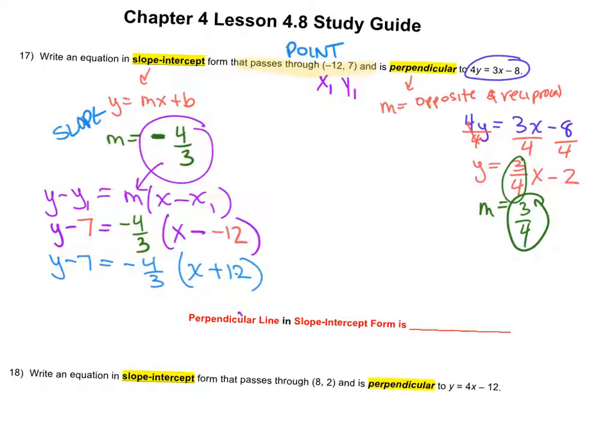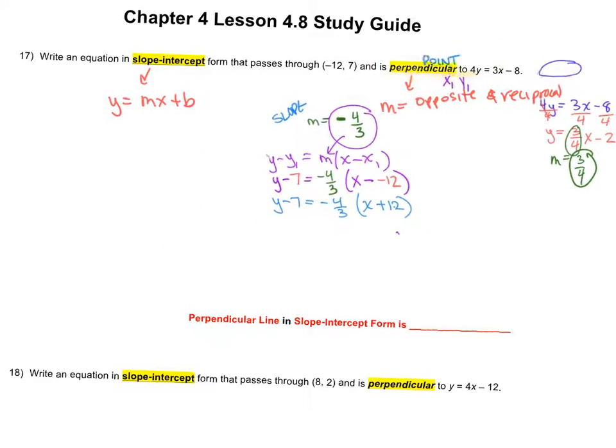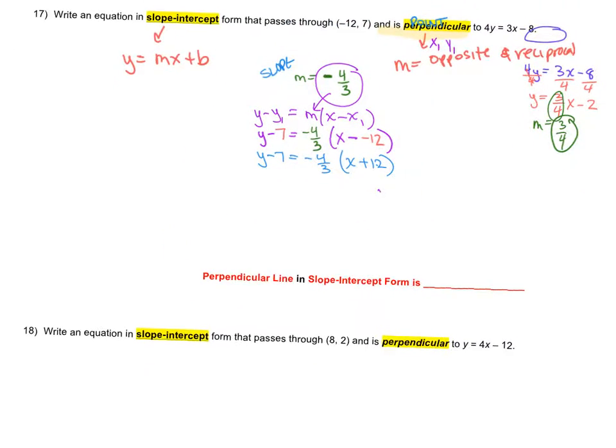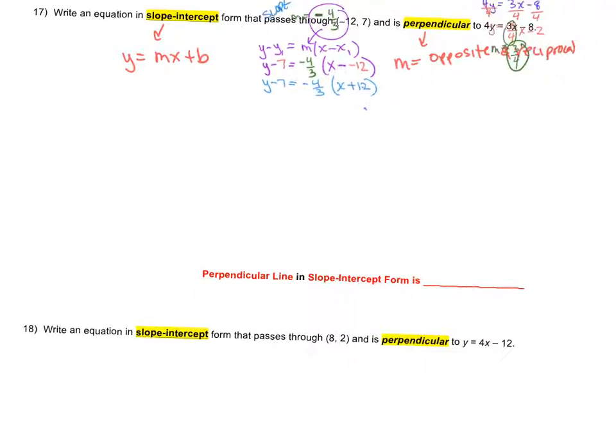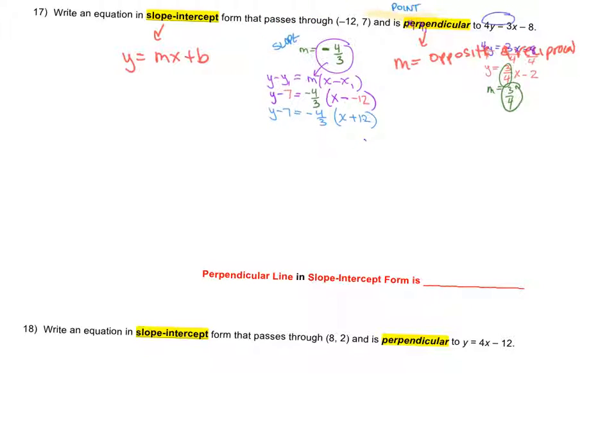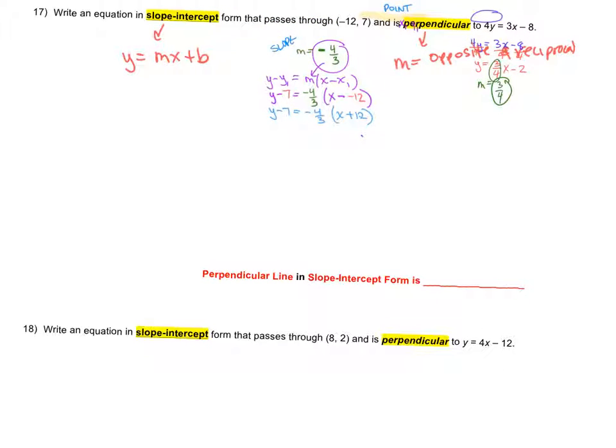Is that in the form they're asking me for? What form are they asking me? Slope-intercept. So that means I need to take this and change it into y equals mx plus b. So in order to do that, I am going to rewrite it right here first. y minus 7 equals, I'm going to distribute. Negative 4/3 times x is negative 4/3 x.